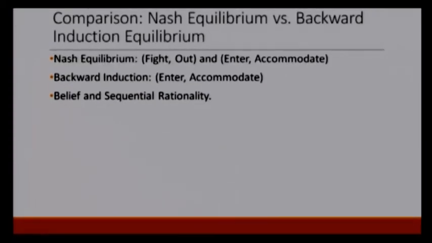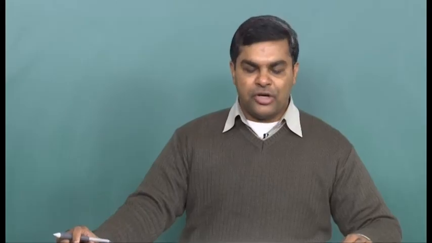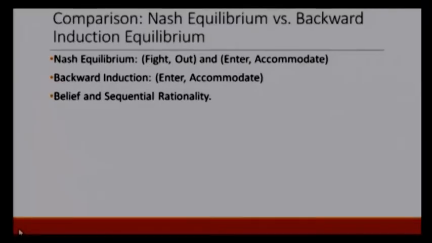Okay, so what we have seen, we have used two different techniques. One is the backward induction technique. Backward induction gives us the outcome as enter, comma, accommodate, meaning the potential entrant enters and the incumbent accommodates. The second technique is the Nash equilibrium one that we have been using in the normal form game. Two different outcomes are possible according to this concept.